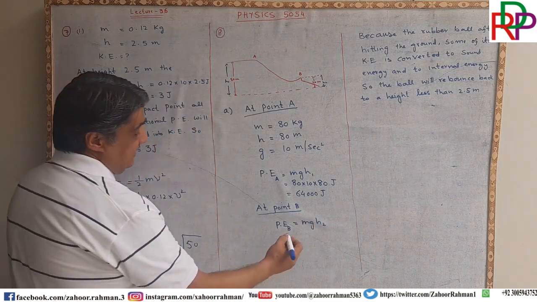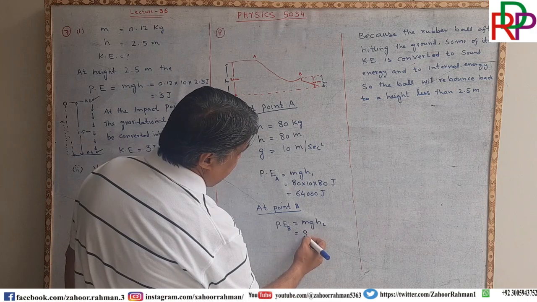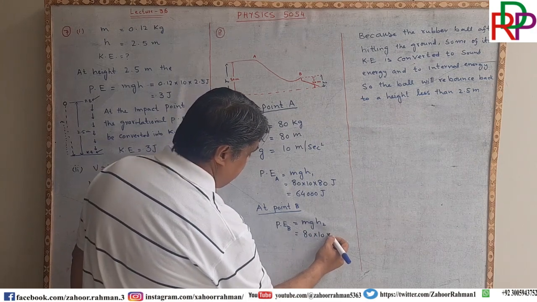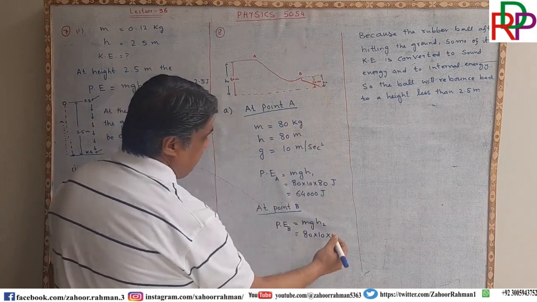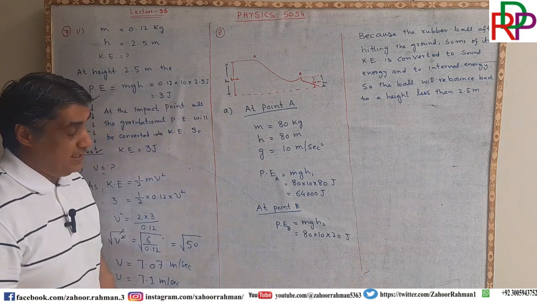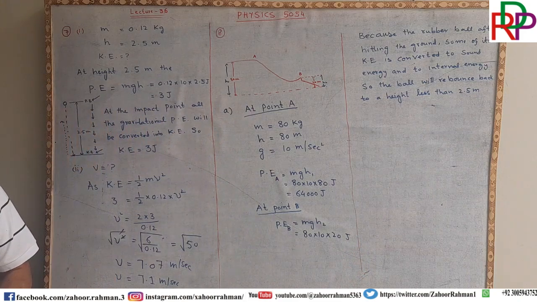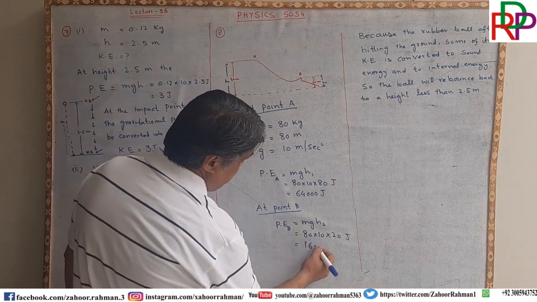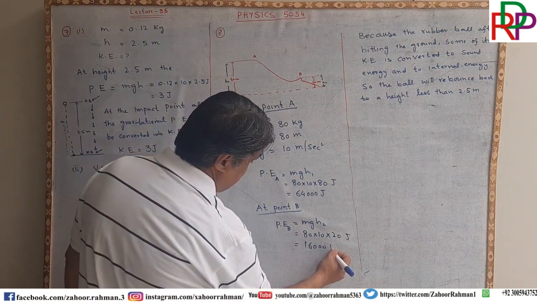Here in this case, m is constant, that is 80, and g is 10, which is also constant, but h2 in this case is 20, and the unit will be joule. When we calculate this, it is equal to 16,000 joule.